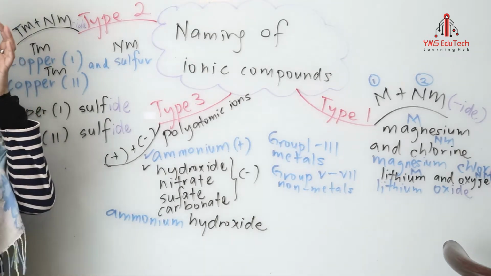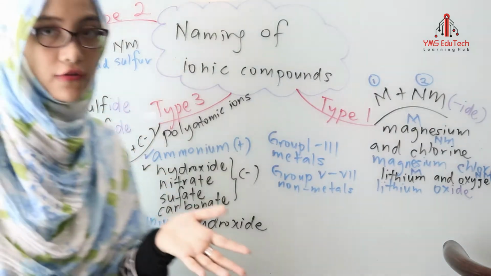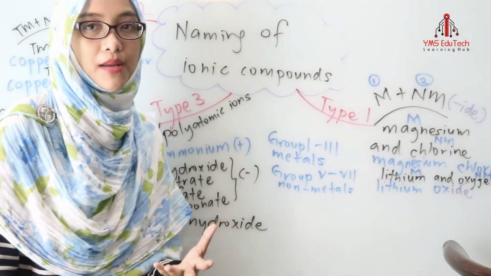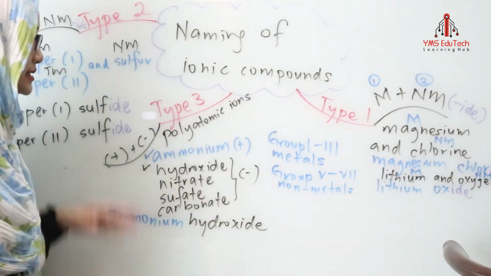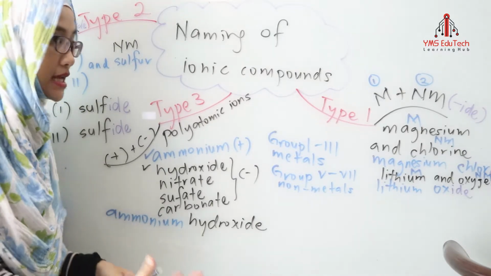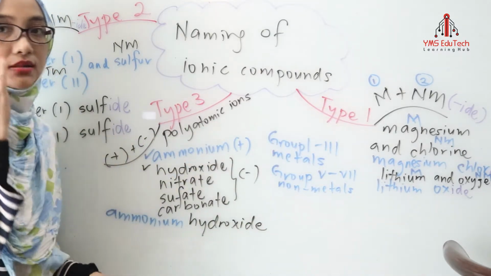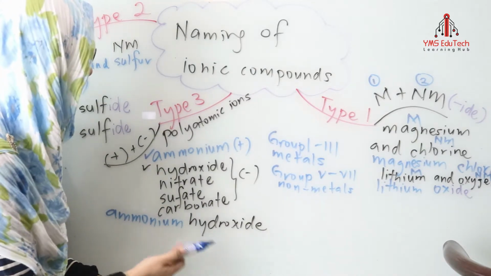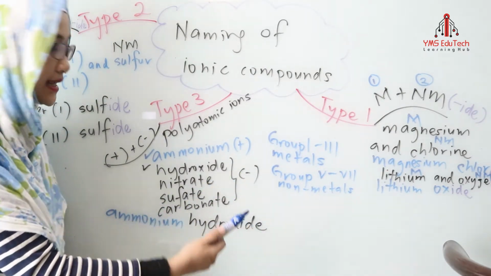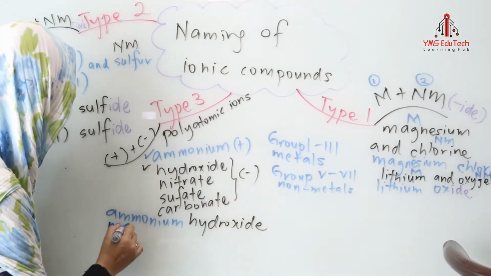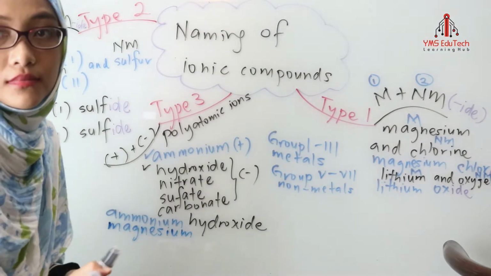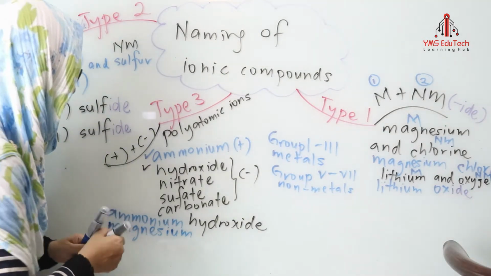Now, what if I want to involve metals in type 3? Let's say I have magnesium and sulfate. Magnesium must come first because magnesium is metal, so metal must come first, and sulfate is the negative polyatomic ion, so it will come second. So we will have magnesium sulfate.